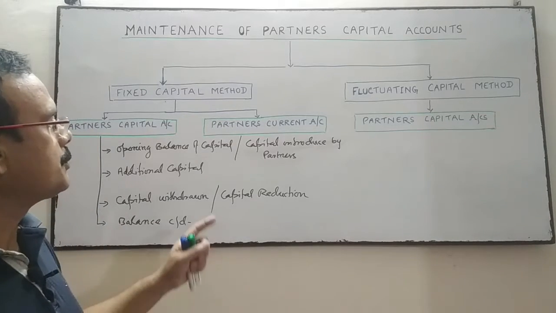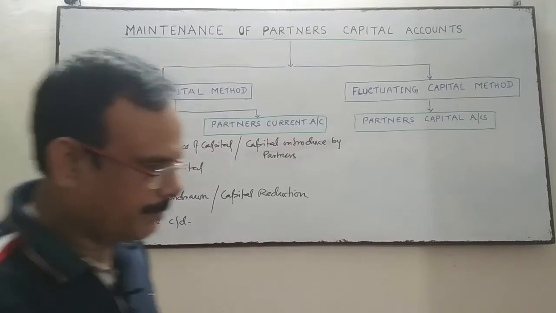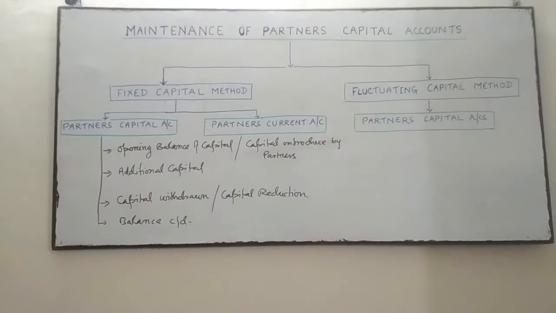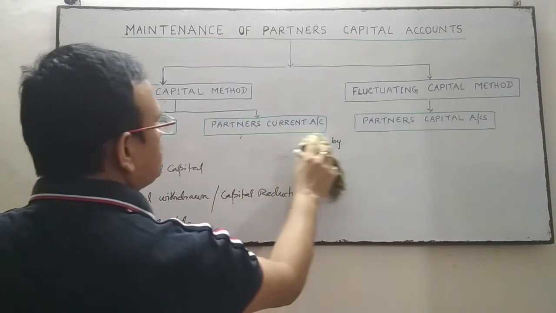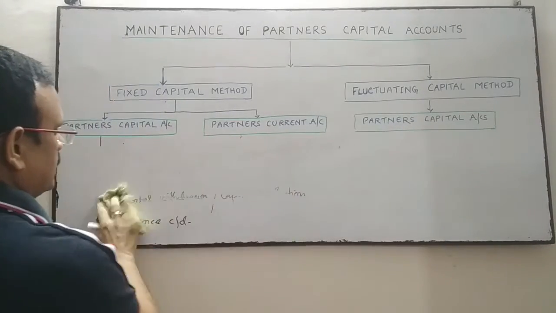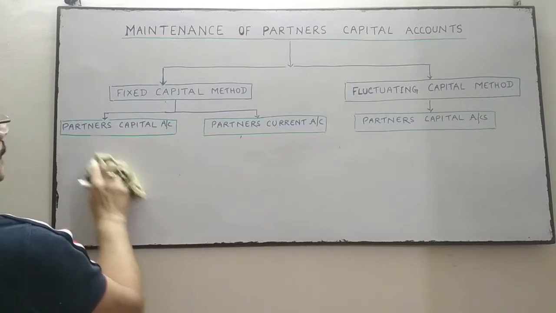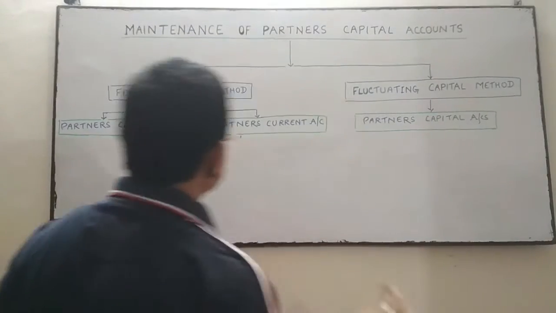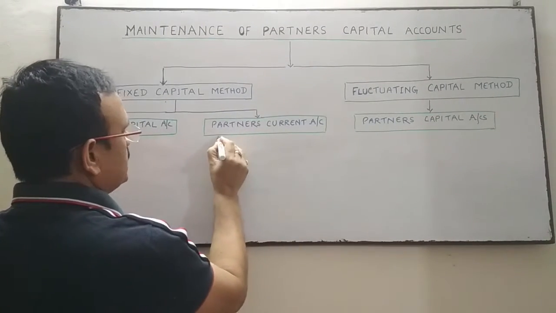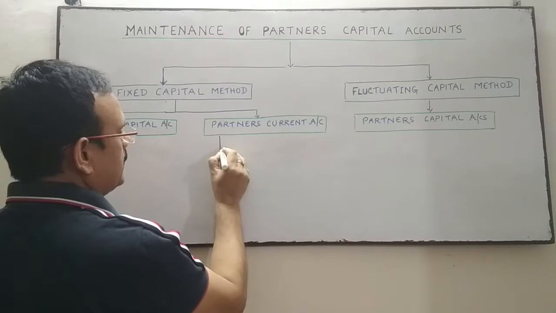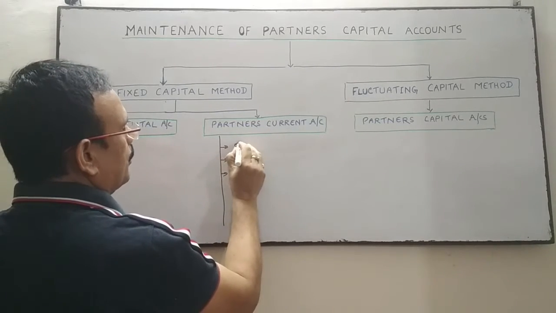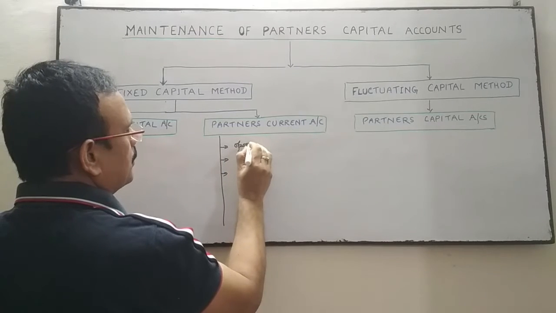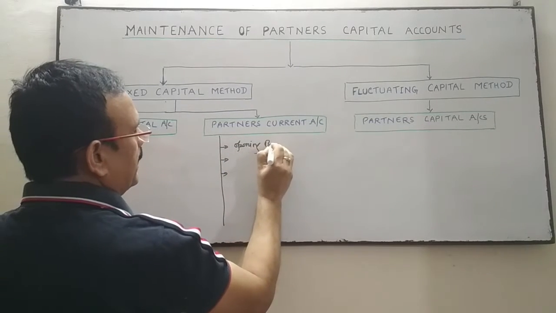So this is related to partners capital account. Now coming to the next account, partners current account. Under this account, opening balance of current account.